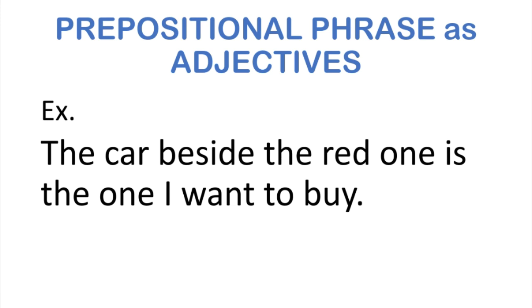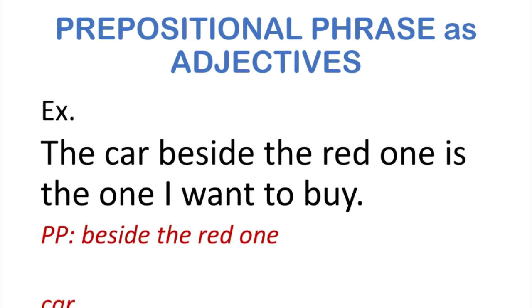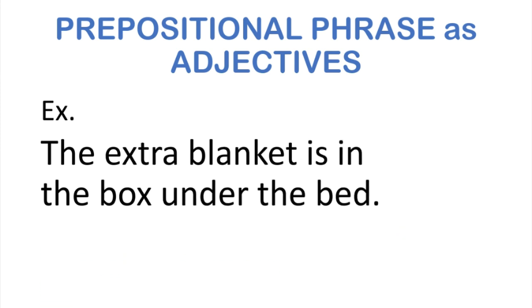And it is describing the car. The extra blanket is in the box under the bed. So the prepositional phrase used is under the bed. And it is describing the extra blanket or the box. So it is describing the box.